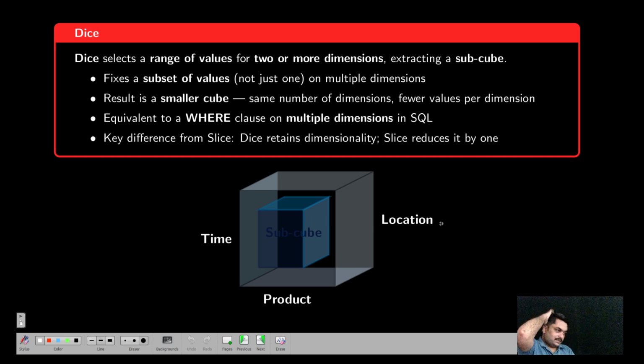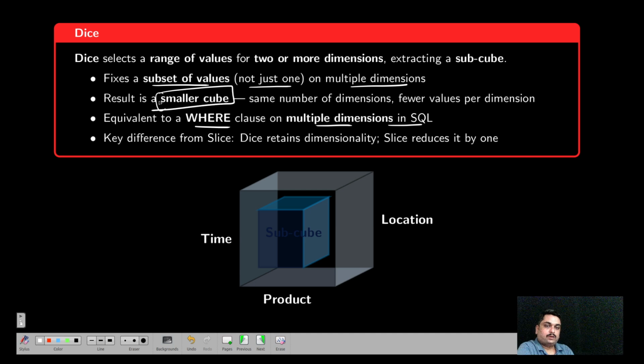Now dice is similar to slice. The only difference is you can have more than one dimension fixed. In slice, we fix only one dimension. In dice, you can fix multiple dimensions to particular values. So it is equivalent to a where clause on multiple dimensions in SQL. It fixes a subset of values, not just one, on multiple dimensions. So it results in a smaller cube.